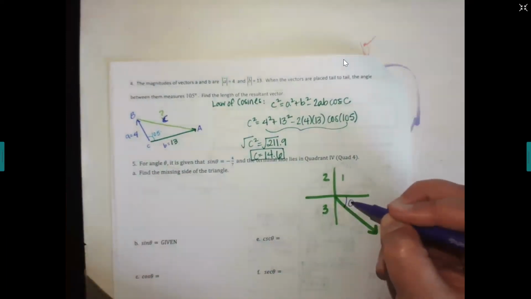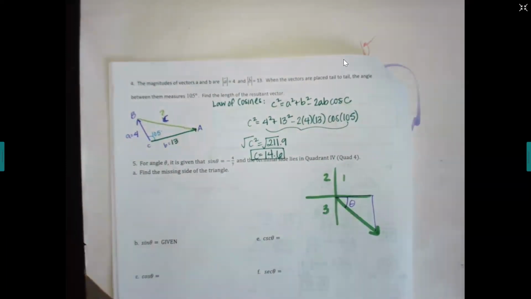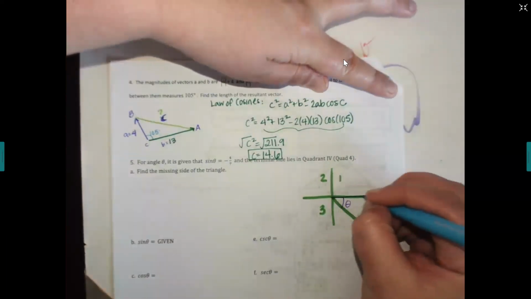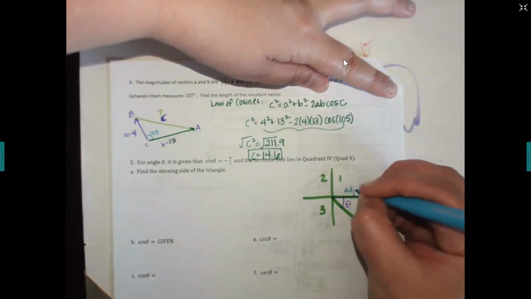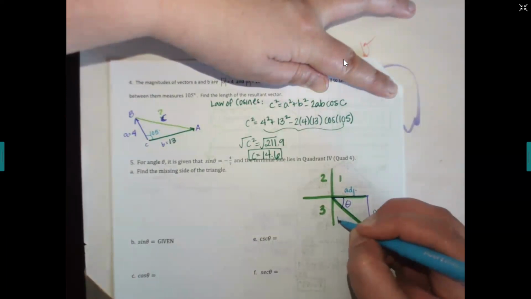Well, remember, your triangle should always connect back to the x-axis. And then remember that wherever your theta is, the side opposite your theta is going to be the y. The adjacent is always the x. And then remember that this side in the middle, that's your hypotenuse.